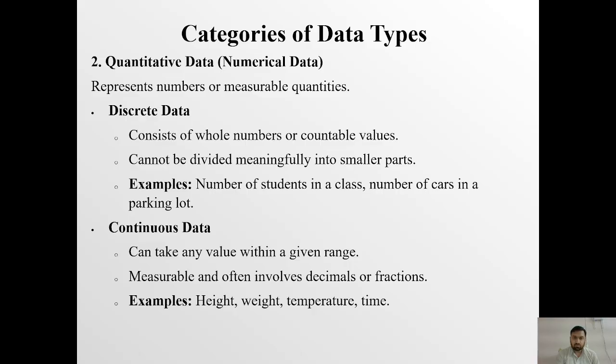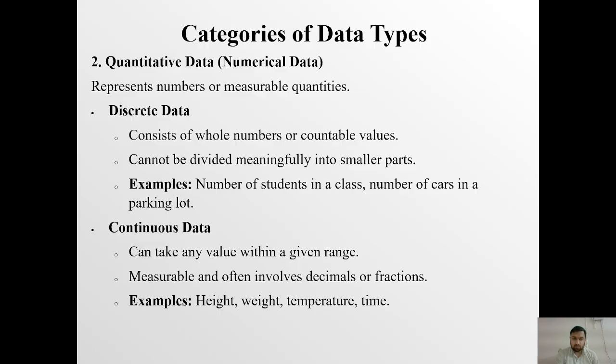Quantitative data, that is numerical data, represents numbers or measurable quantities. Discrete data consists of whole numbers or countable values, cannot be divided meaningfully into smaller parts. Example, number of students in a class, number of cars in a parking lot.